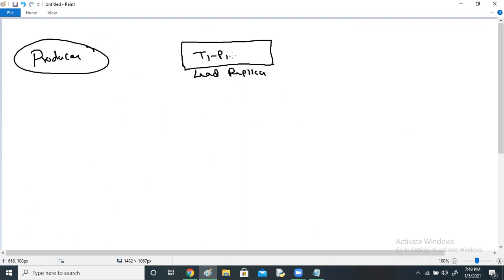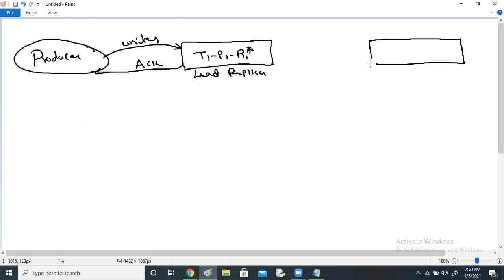Topic 1, partition 1, replica 1, star. Producer always writes into lead replicas, writes and gets acknowledgement. And this is a slave replica or backup replica.